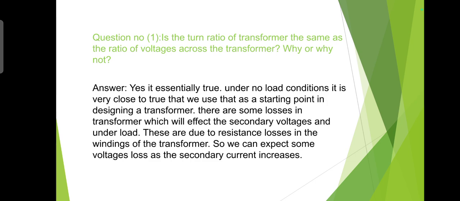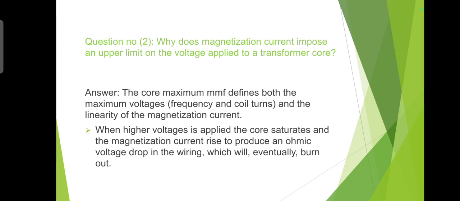There are some losses in a transformer which will affect the secondary voltages under load. These are due to resistance losses in the windings of the transformer, so we can accept some voltage losses as the secondary current increases.